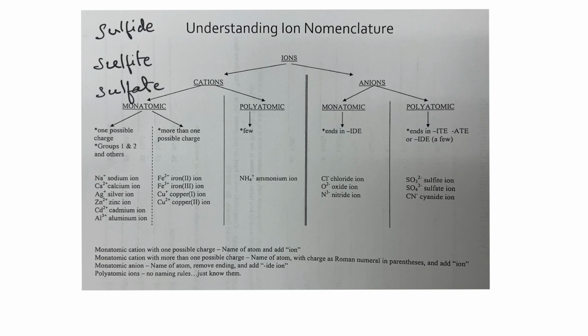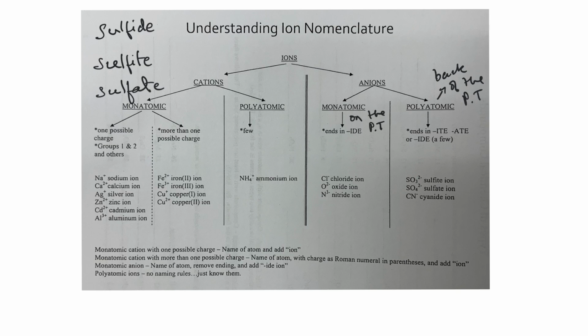So if you look at this chart, you will notice that if you focus on the anion part only, you have two types of anions. You have a monoatomic anion and a polyatomic anion. The polyatomics are always on the back of the periodic table. Monoatomic ions are on the periodic table.